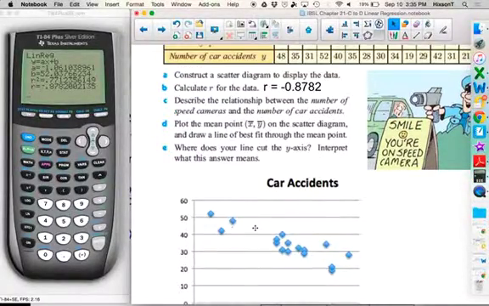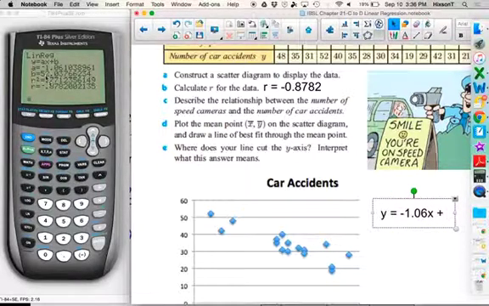And then also, from this, we have our line of best fit. Our line of best fit, notice it's ax plus b. So a is the slope, a negative 1.06. x plus b is 52.0.